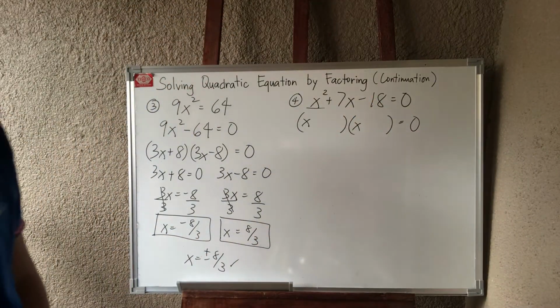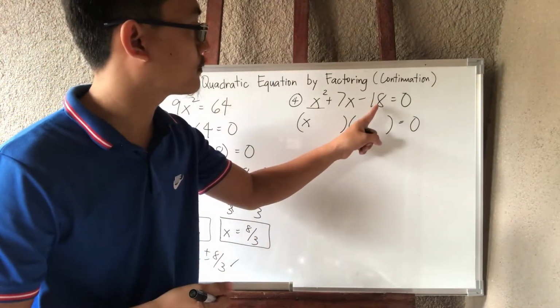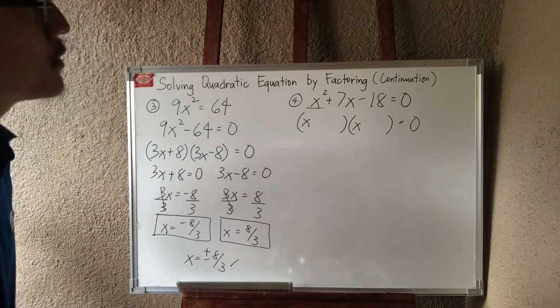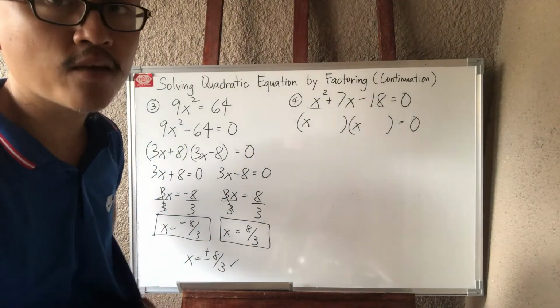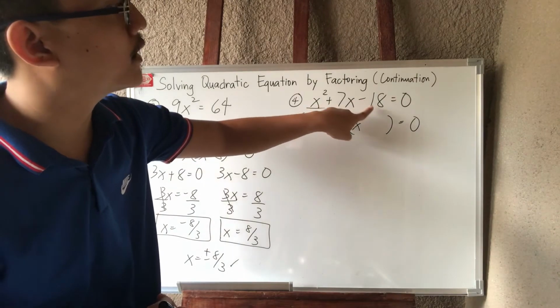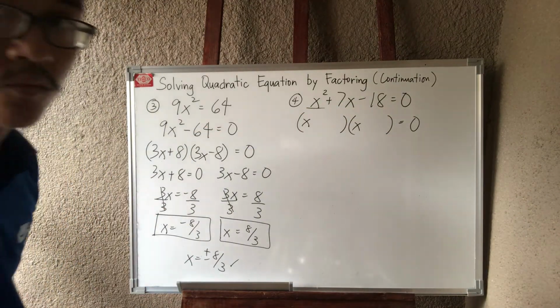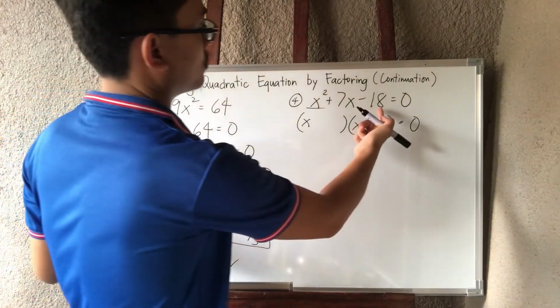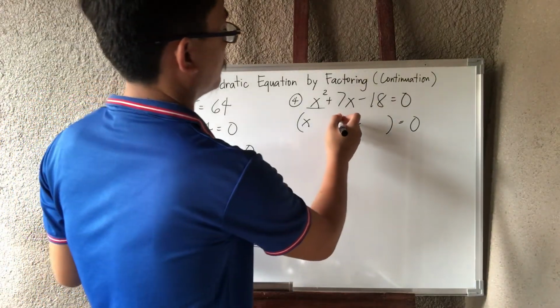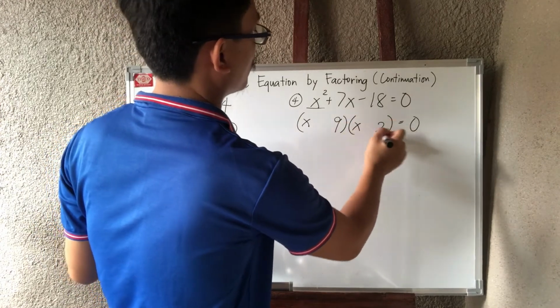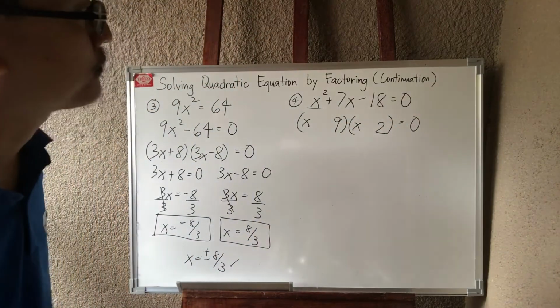Now, we get the factors of 18 that will give us the sum of 7. So, ang product is negative 18. Ang sum naman is positive 7, which is yung gitna, no? So, most likely, we're going to use 9 and 2. Okay?